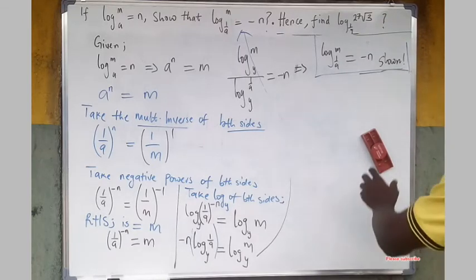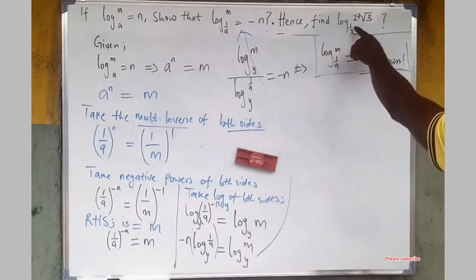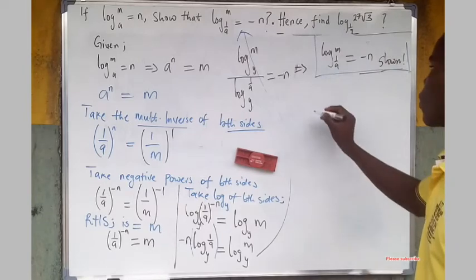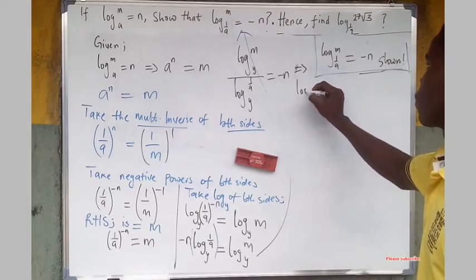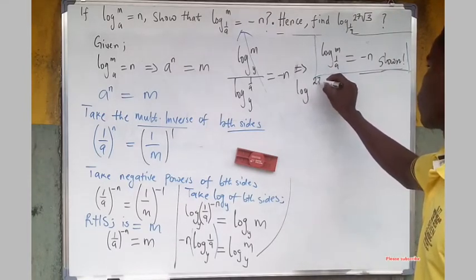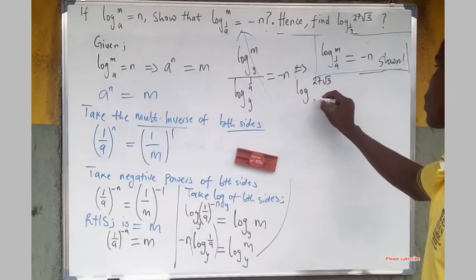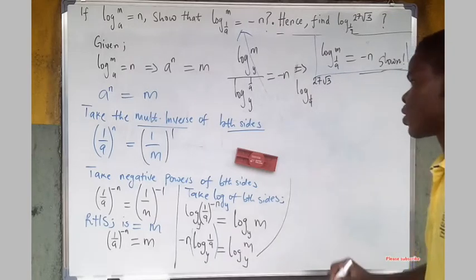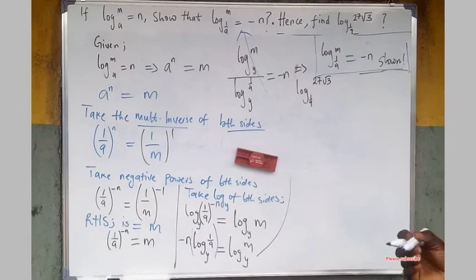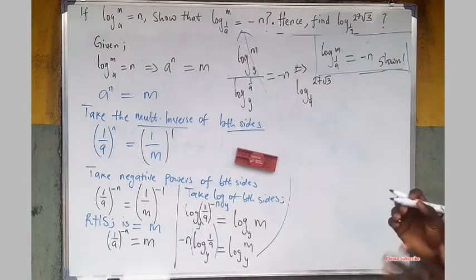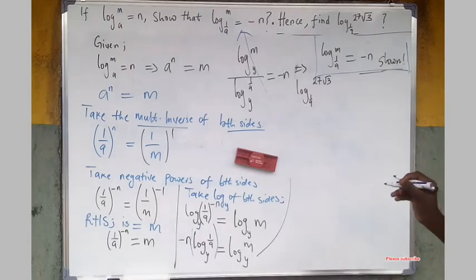Now part B says find log of 27 root 3 to base 1 over 9. Hence, find that. Watch how we're going to solve this.